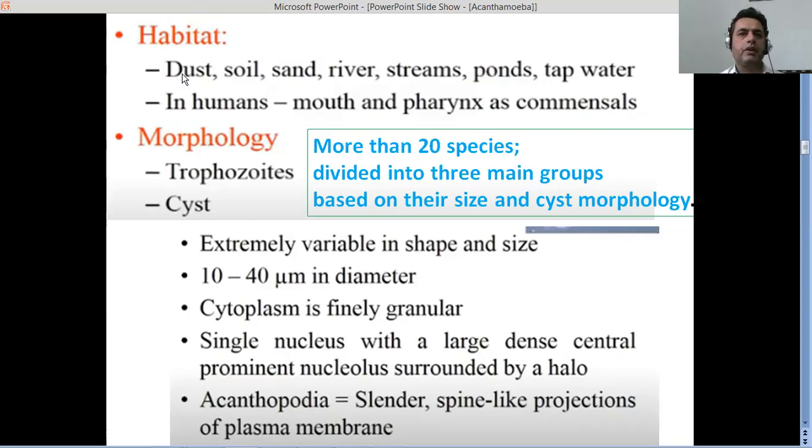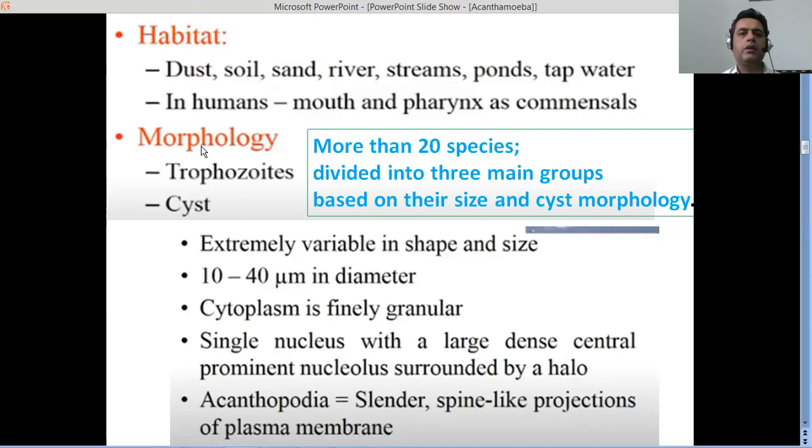So that would be discussed in detail there, but here shortly we can say that it is present almost everywhere on this planet Earth in many different extreme environments. You can find this particular parasite.